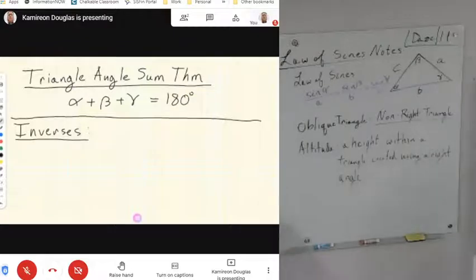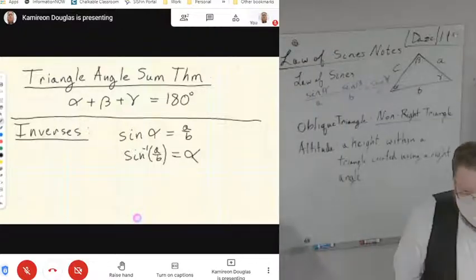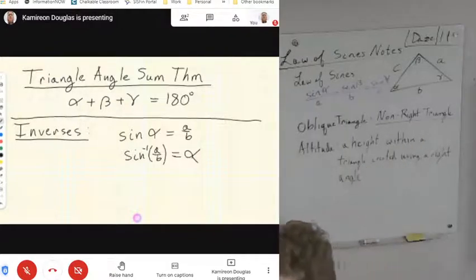An inverse states that if sine of alpha equals a over b, then sine inverse of a over b equals alpha. In other words, an inverse undoes the sine function, or the cosine function, or the tangent function. They're opposites of each other.